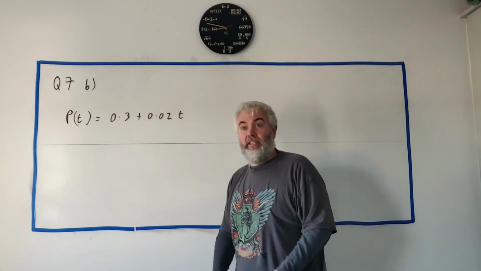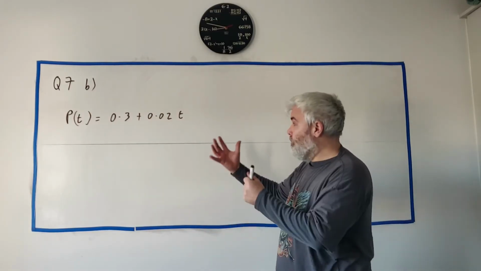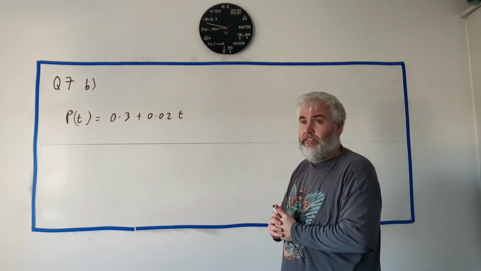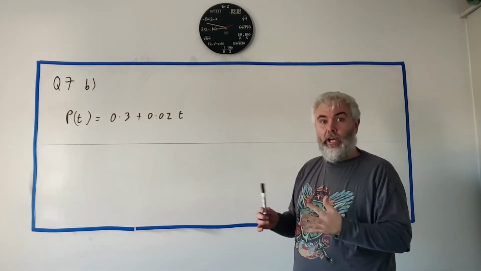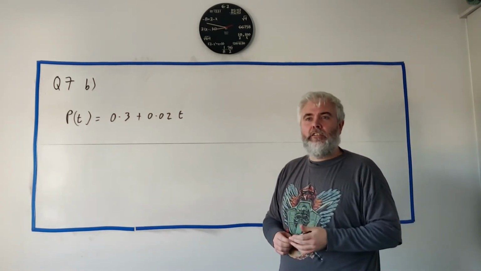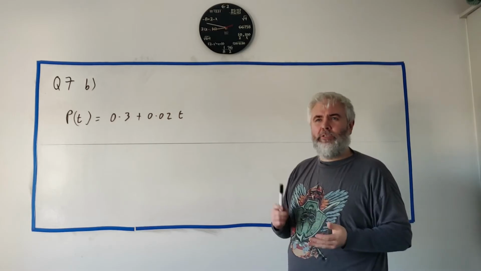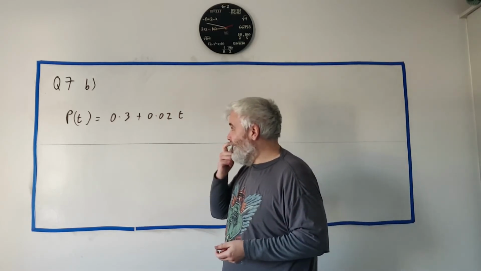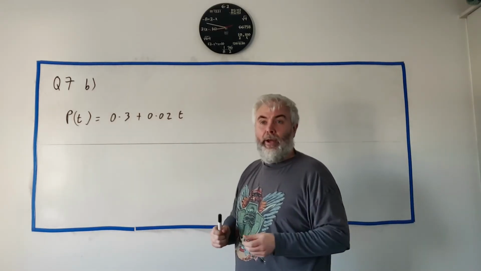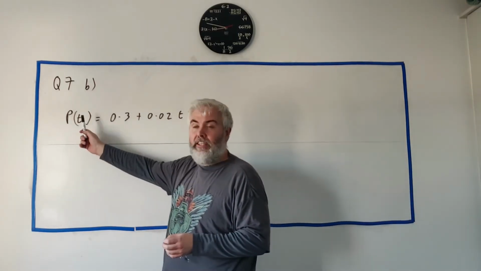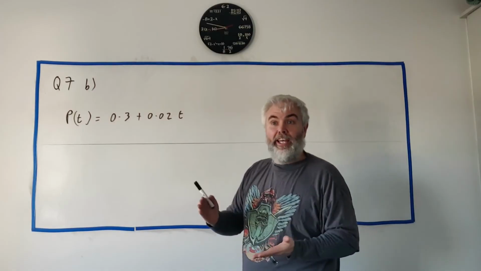Okay, in part B they tell us another story with some numbers, a little bit of science. They tell us we have a town called Waterville, which we're going to find out rains a lot in Waterville, so it's an apt name. They tell us that P is the probability that it rains any time during the day, where T is the time past midnight.